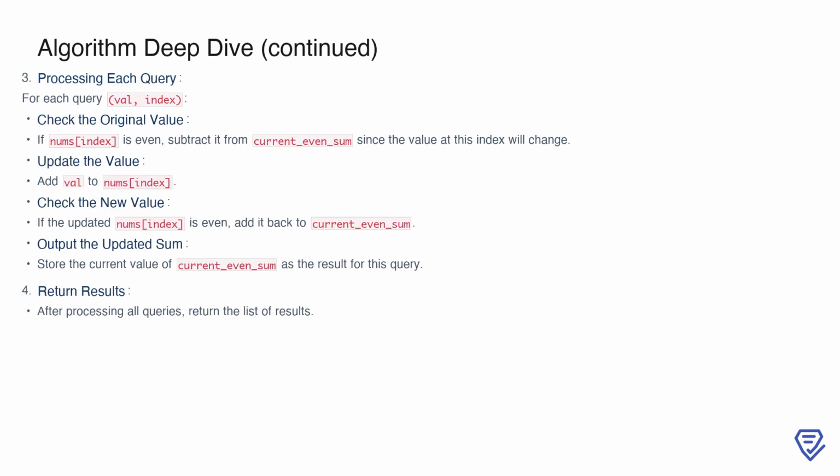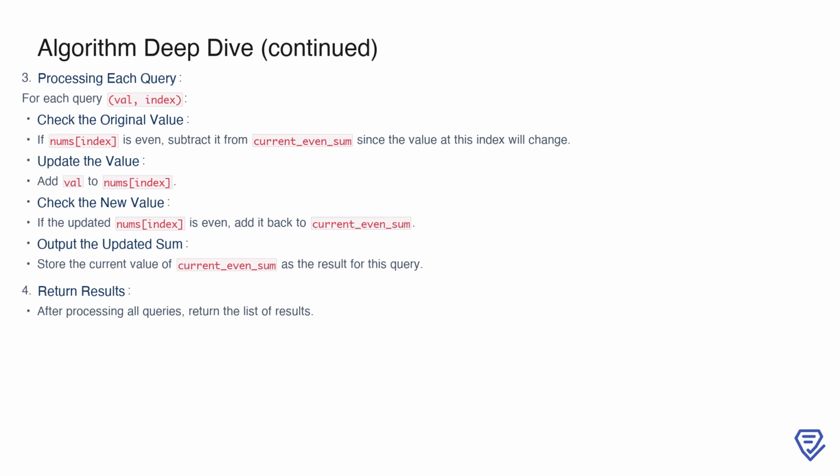Now, let's discuss how to process each query in the brute force approach. For each query, which consists of a val and an index, we first check the value of nums[index] before the update. If the current value at this index is even, we subtract it from current_even_sum because the value is about to change and may no longer contribute to the even sum. Next, we update nums[index] by adding val to it.